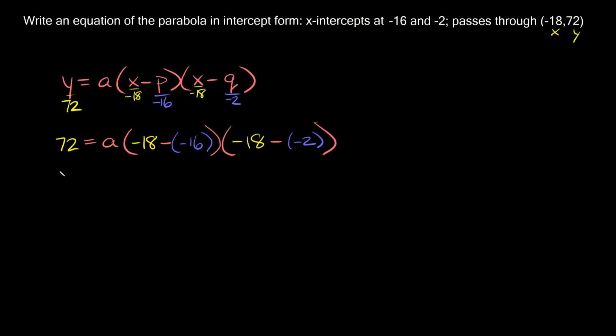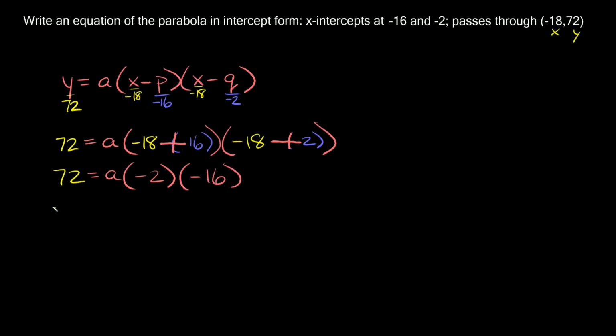Okay, so then simplifying here, we get that 72 is equal to a times, in parentheses, -18 minus -16, which is the same thing as -18 plus 16, right? So that's equal to -2. So we'll have a -2 right there. And then here we have -18 minus -2. So this is, again, like -18 plus 2, which is equal to -16.